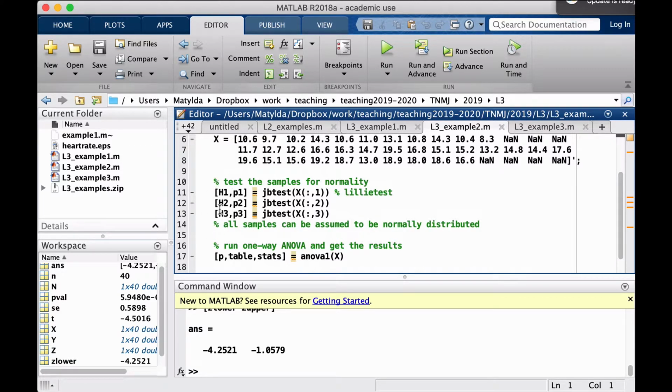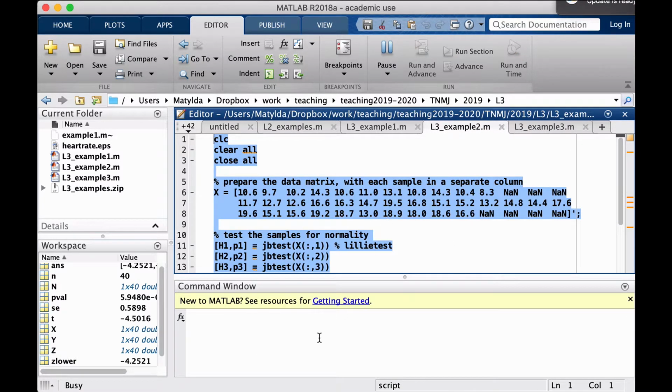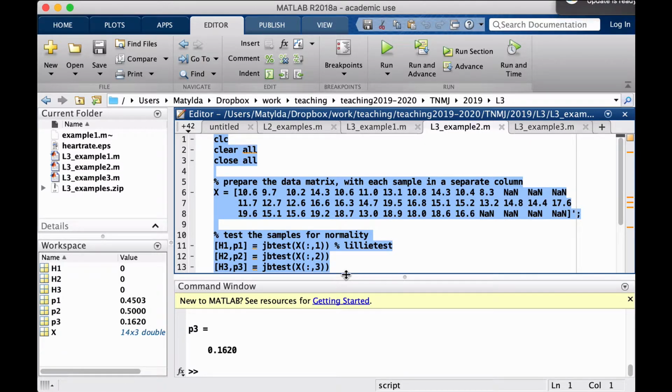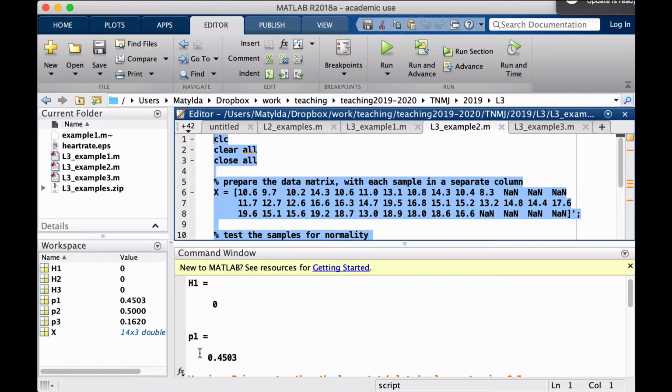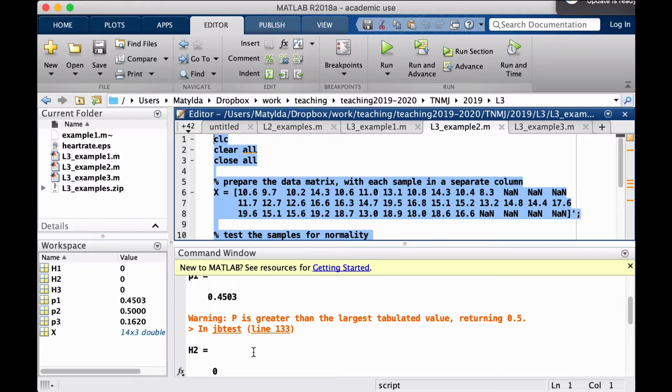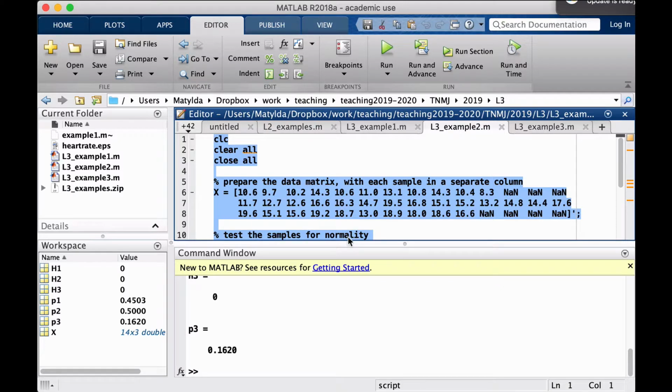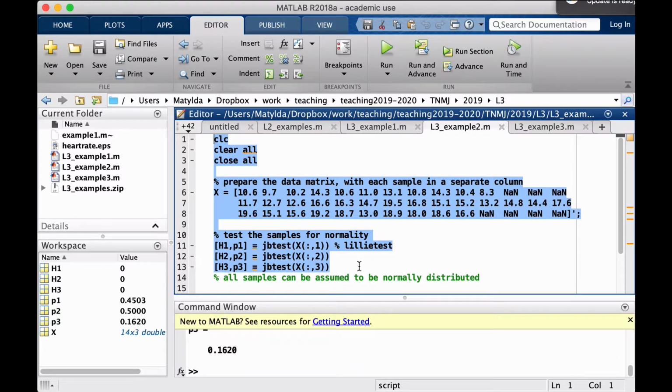So once again, if h has value 0, it means acceptance of null, which in this case means accepted normality, or if it's 1, then it means rejected null. So before we proceed with ANOVA itself, let's run this part and make sure that our data is actually normally distributed. We can see the h values, first one very high p-value, second one high, and last one as well. So we do have normally distributed data, so we don't have to worry, and we can proceed with ANOVA.